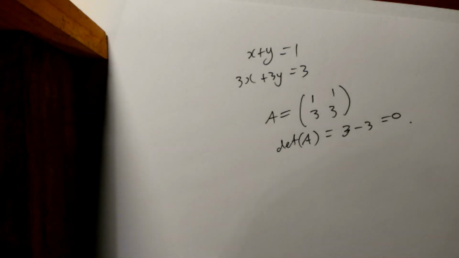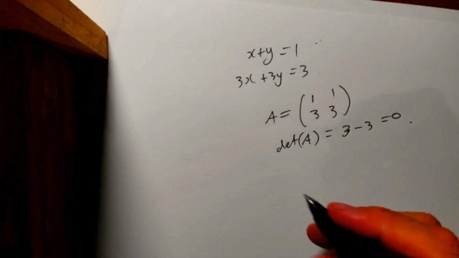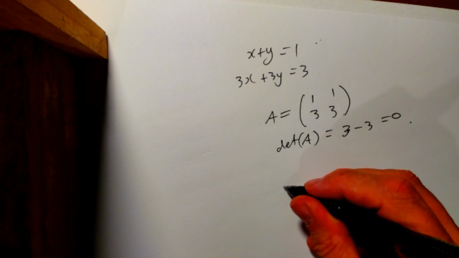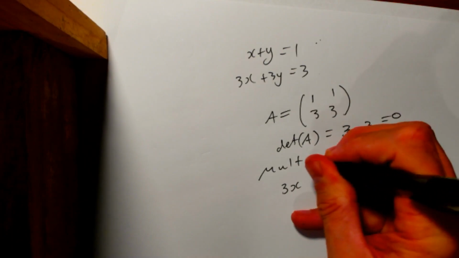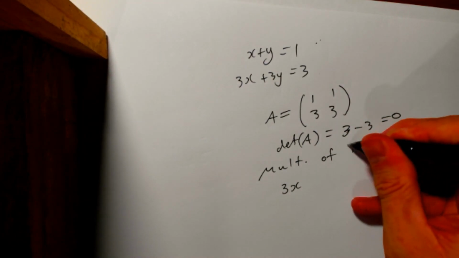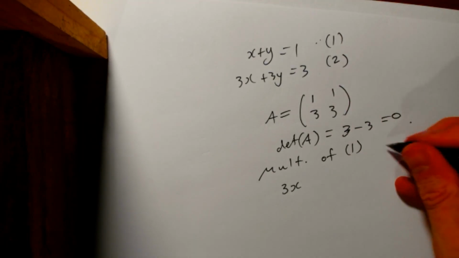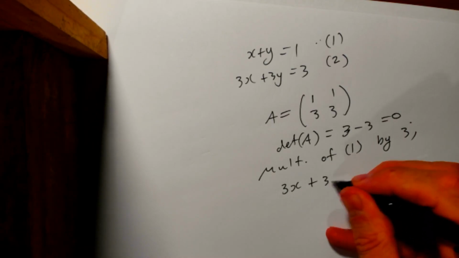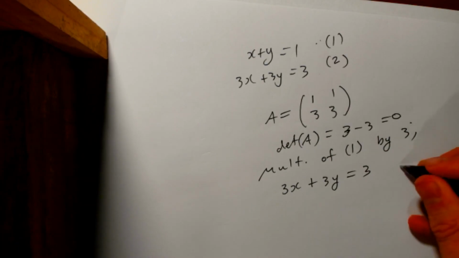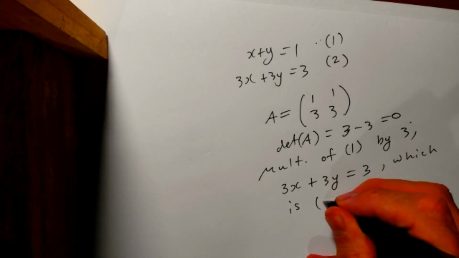So let's have a closer look then. Now if we multiply the first equation by 3, we would see that we get the second equation. Labeling this equation 1 and equation 2, multiplication of equation 1 by 3, we have 3x plus 3y equals 3, which is equation 2.